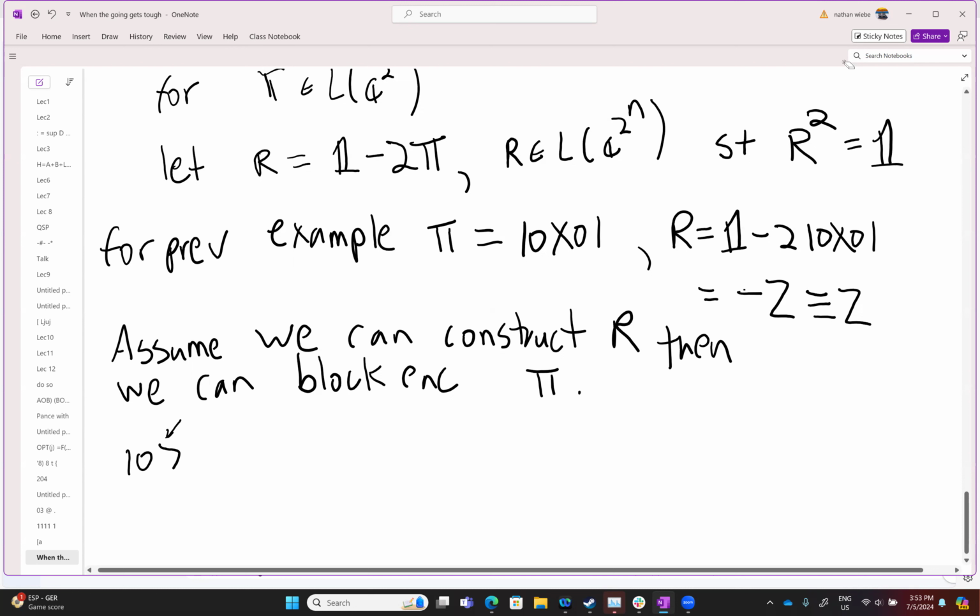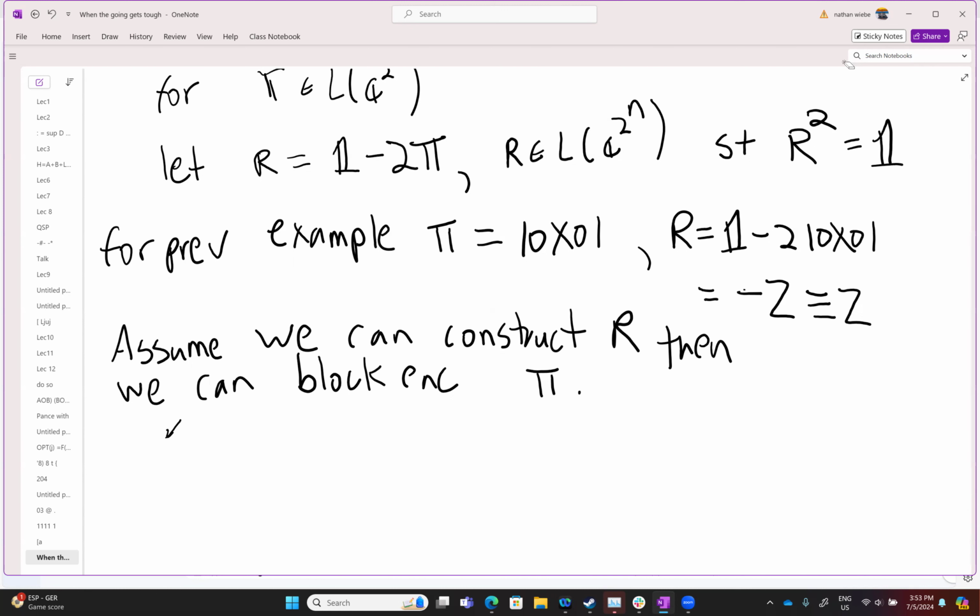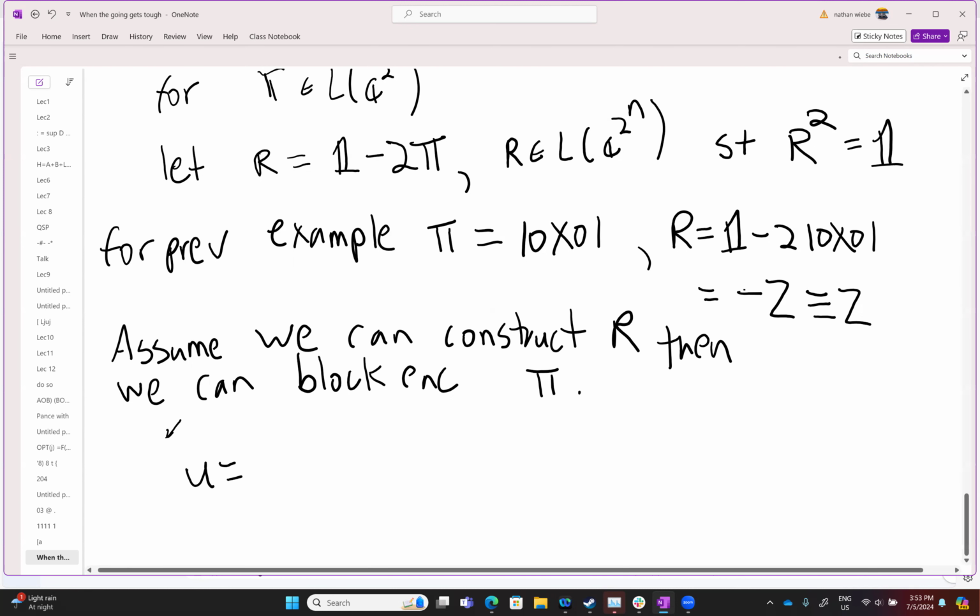We're going to say that the unitary we want to compute for this is of the form Hadamard, controlled R, Hadamard.